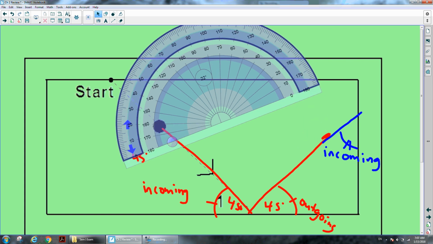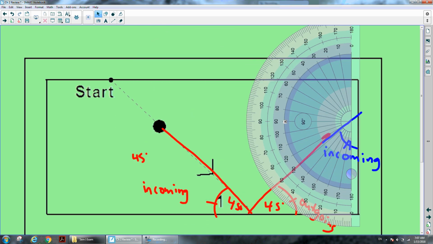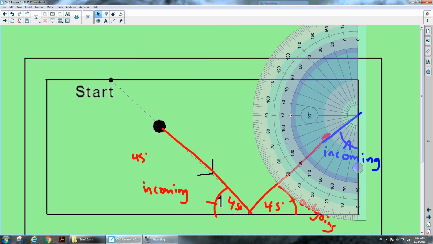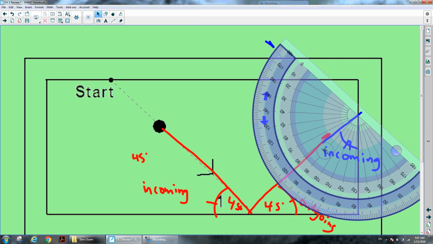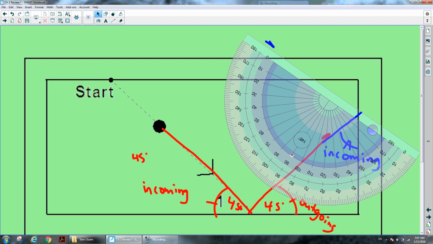Now I'm going to have to spin the protractor so I can measure what that incoming angle is. It's 50 degrees. I can even mark that without even moving my protractor. Then using a straight edge, I can connect that back.